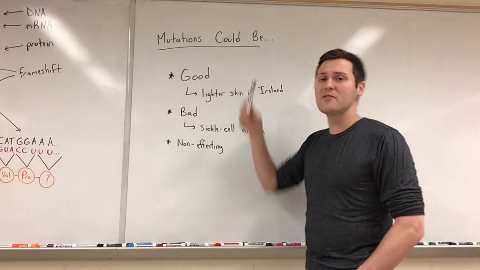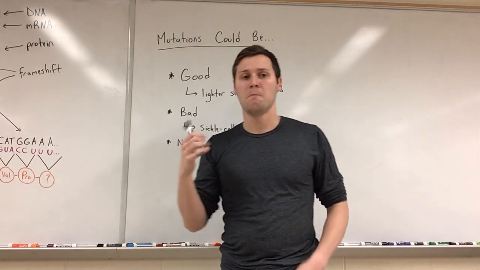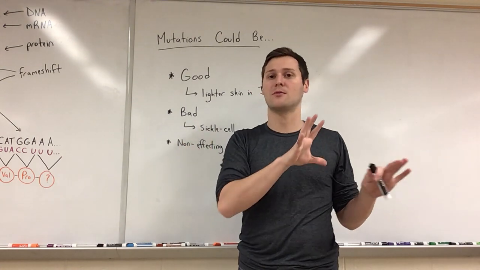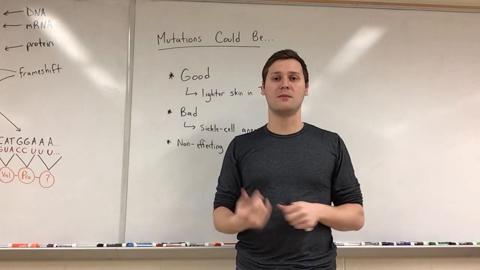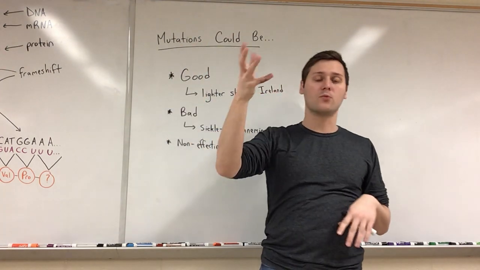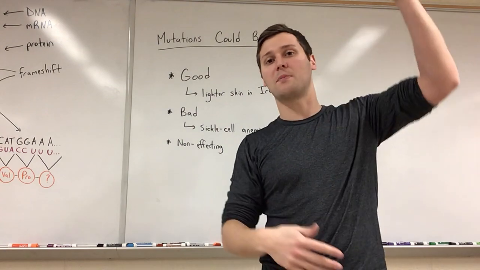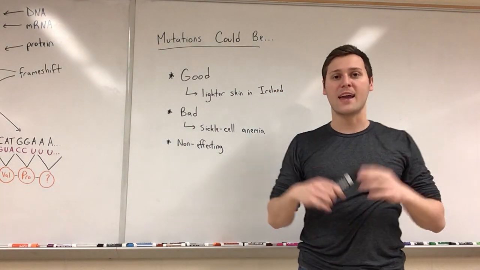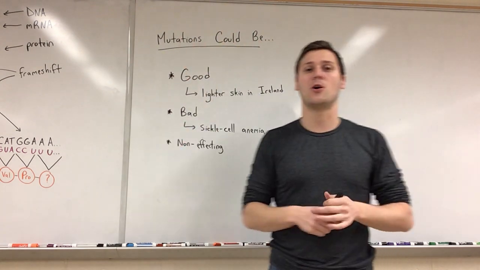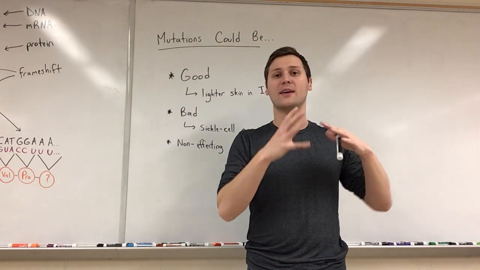But an example of a good mutation: however long ago some humans migrated north, right? So starting off in Africa, we gradually migrated north, and we had humans in European areas. And as you go north, there's less and less sun, right? So the sun dies down, we get less of it.